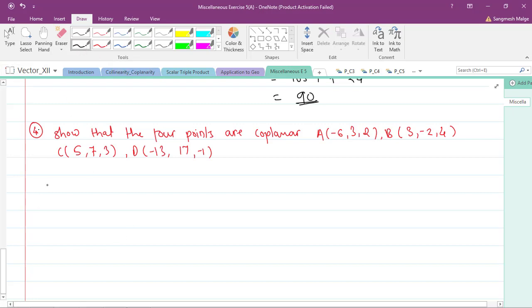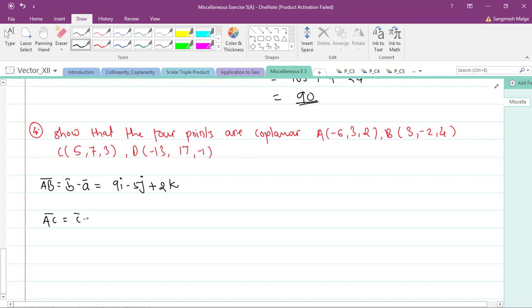Okay, so let's first find AB bar. AB bar is equal to B bar minus A bar. So this is 3 minus minus 6, which is 9i, minus 2 minus 3 is minus 5j, and 4 minus 2 is plus 2k. That is AB bar. Now find AC bar.